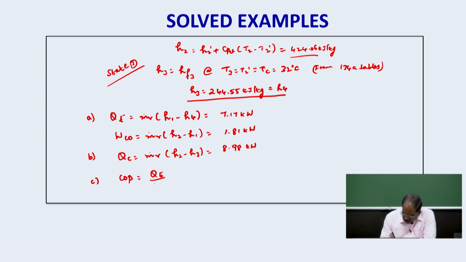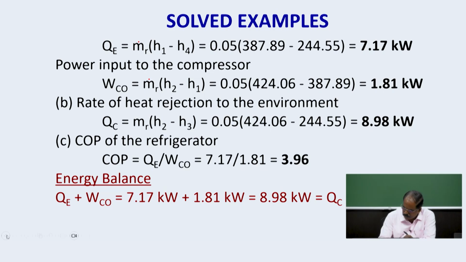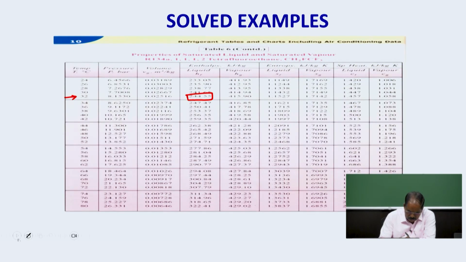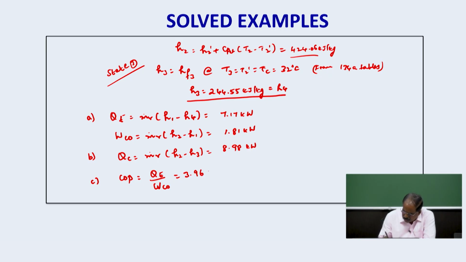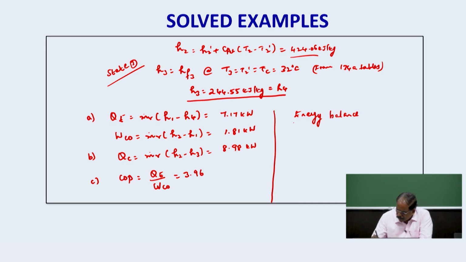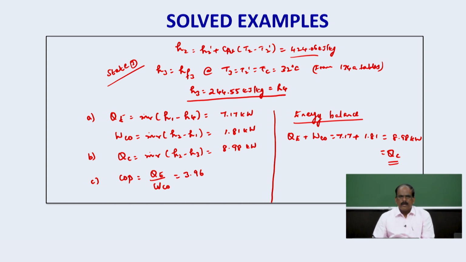So QE by work of compression comes to a COP of 3.96. Now let us do the energy balance: QE plus WCO is equal to 7.17 plus 1.81, which comes to 8.98 kilowatt, equal to the heat rejection by the condenser.